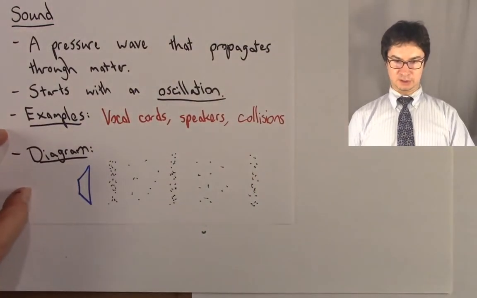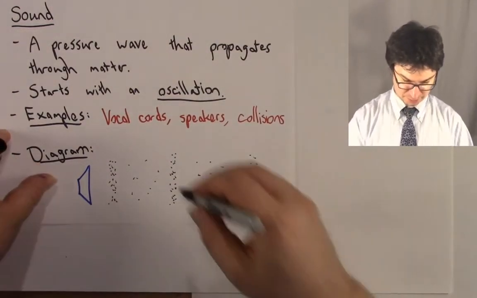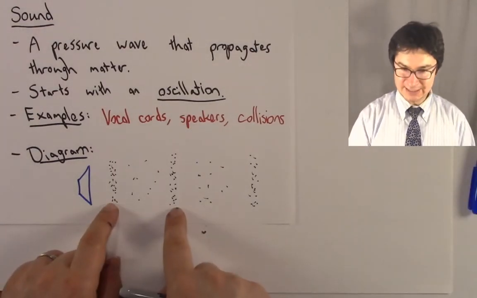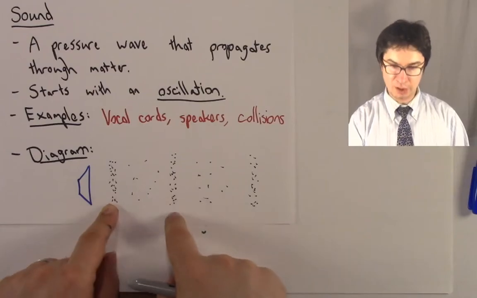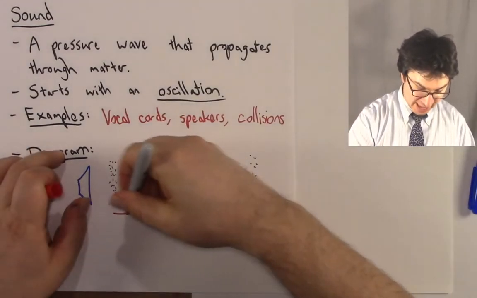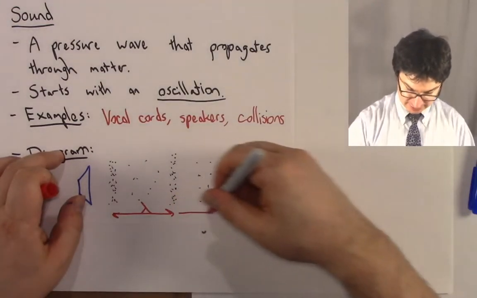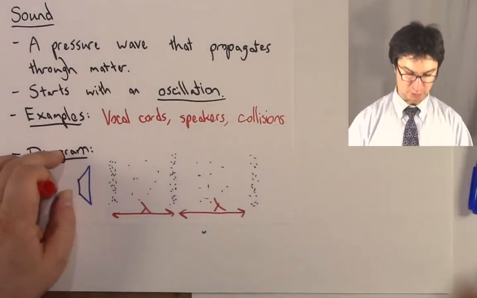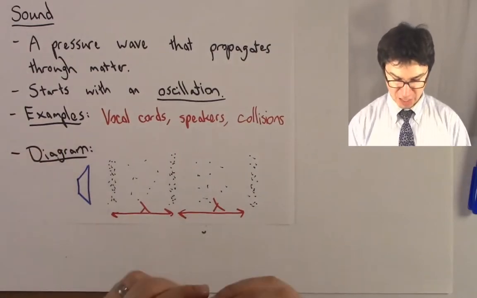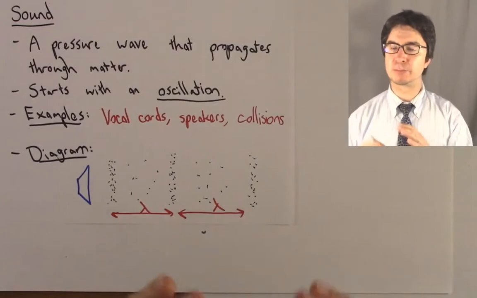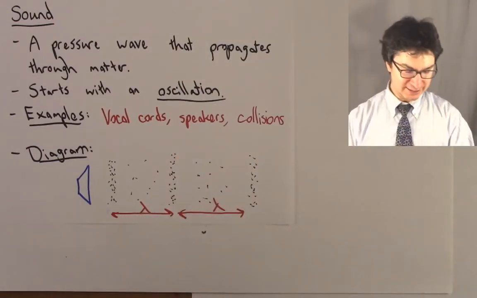Okay, so hopefully you can see that pretty well. And what I'd like to do is illustrate that the distance from a high pressure to another high pressure region is actually the wavelength lambda. So that's a lambda, and that is also a lambda there. Okay? Now, if we were to graph this, we'd be graphing the pressure as a function of distance.